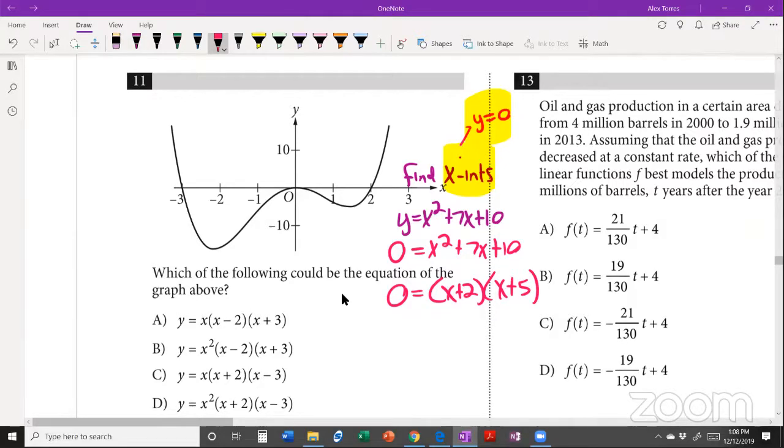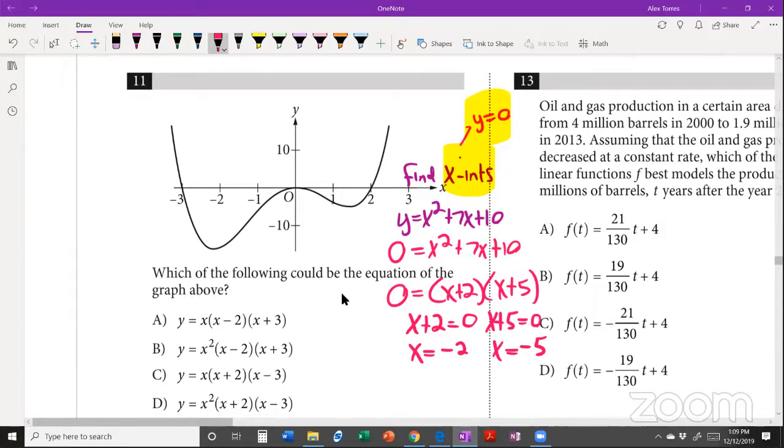The zero product rule says we have these two things that multiply together to give you 0. So we set each one equal to 0. So x plus 2 equals 0, x plus 5 equals 0. A little neater there. And so we'll take away 2 to simplify and take away 5.